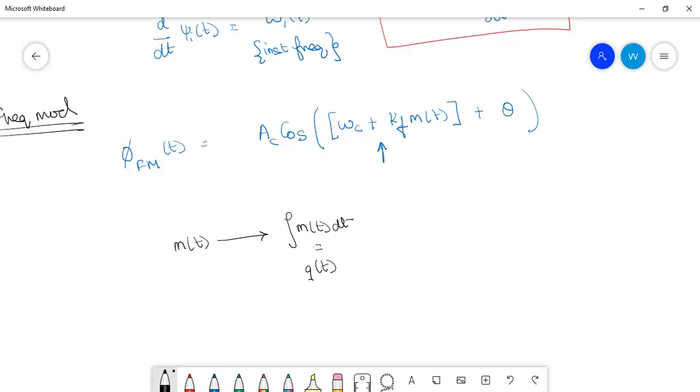If I do the phase modulation of this signal, what I will get is A_c cos(omega_c t plus integral of m(t) dt).